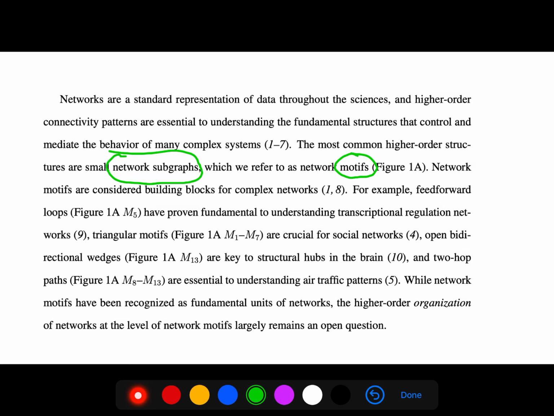For example, feed-forward loops have proven fundamental to understanding transcriptional regulation networks. Triangular motifs are crucial for social networks. Open bidirectional wedges are key to structural hubs in the brain.